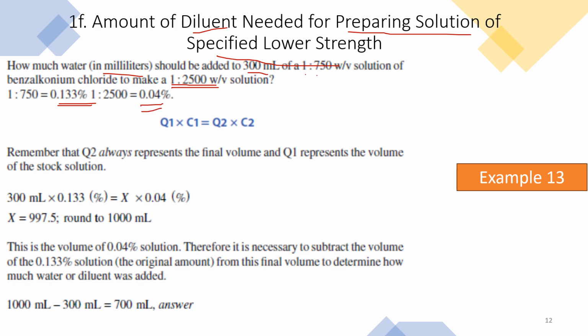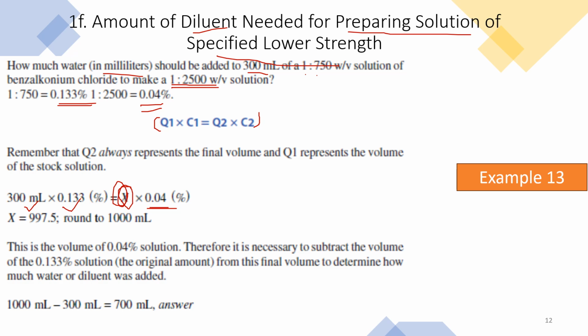So 1 to 750 equals 0.133%, and 1 to 2500 equals 0.04%. Then, using the Q1C1 equals Q2C2 formula, you put in the amount of 300 ml with the relative strength of 0.133%, after it's been converted to percentage form, and then X, which is the final volume that you want to identify, at the percentage strength of 0.04%.